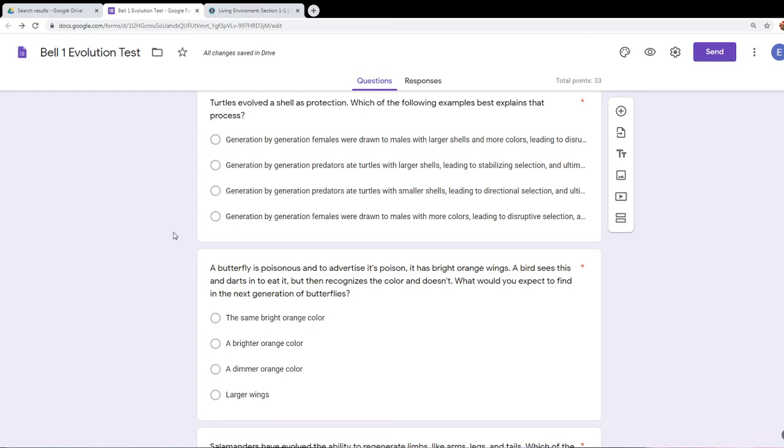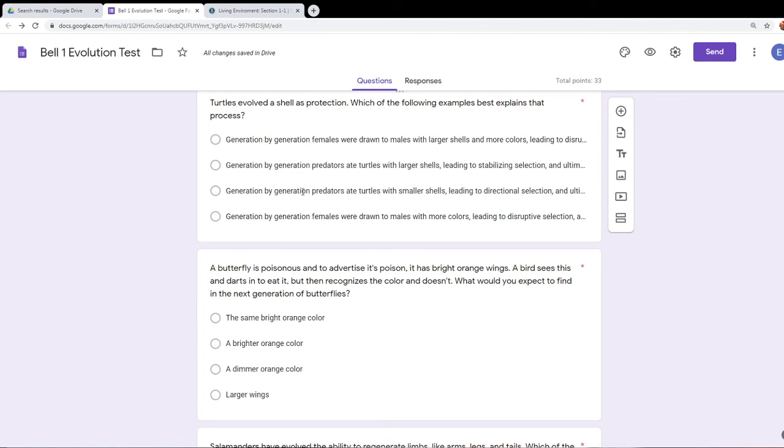Turtles evolved a shell as protection. Which of the following examples best explains this process of evolving the shell? Now, I see that this kind of bleeds out on the side here, but generation by generation, females were drawn to males with larger shells and more colors, leading to disruptive selection and our bigger shell. That generation by generation, predators ate turtles with larger shells, leading to stabilizing selection and ultimately a smaller, thinner shell.